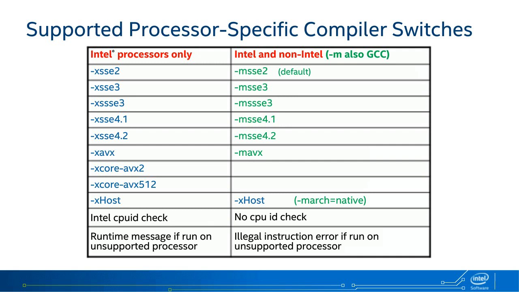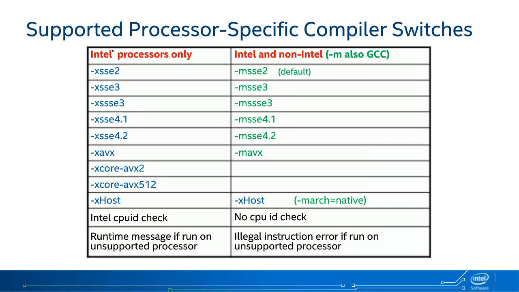Note that in this case, if you run the application on a non-Intel processor, then a runtime error will occur. In case you don't want to hit this situation, you may compile your code with the -m option, which actually produces still highly optimized code, but not specific for microarchitecture. So in this case, the code may be not so fast, a bit less efficient, but it still allows you to run on non-Intel processors as well.